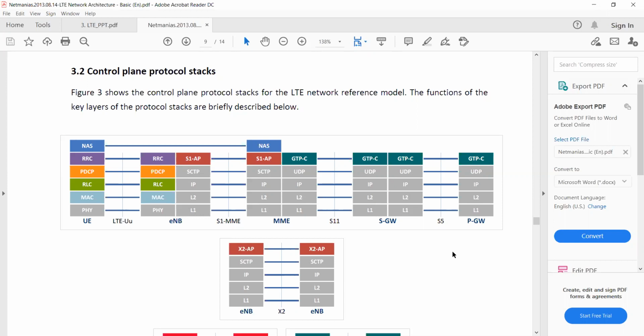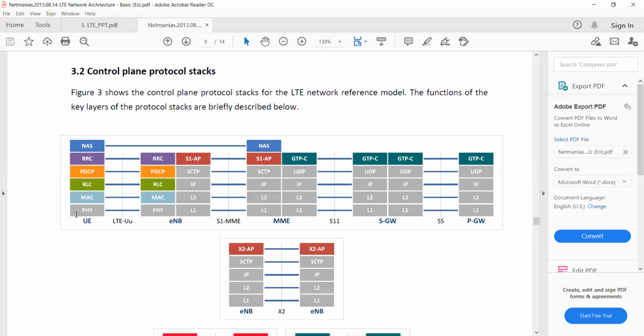UE to eNode B, that is what interface that is. The UE is joining to eNode B. This is LTE-Uu interface. In 3G we call it as air interface, right? In control plane, you can see that NAS layer is directly interacting with MME's NAS layer.